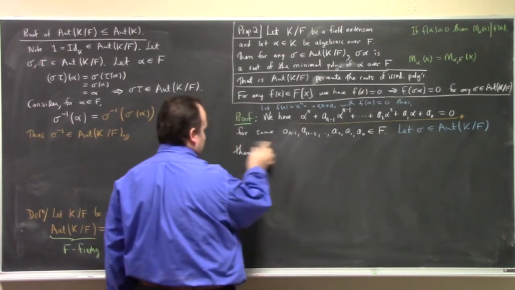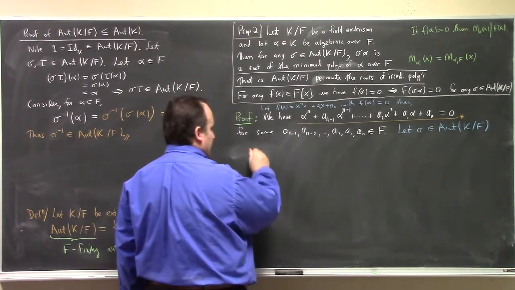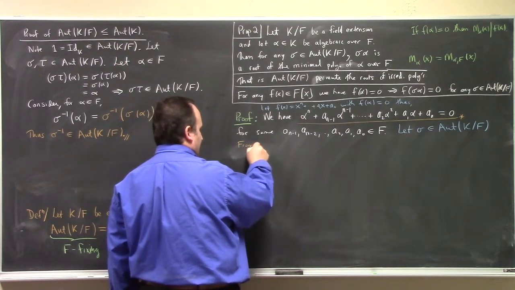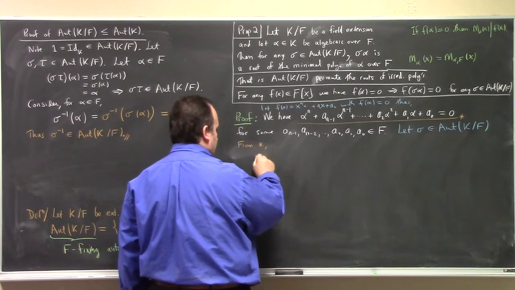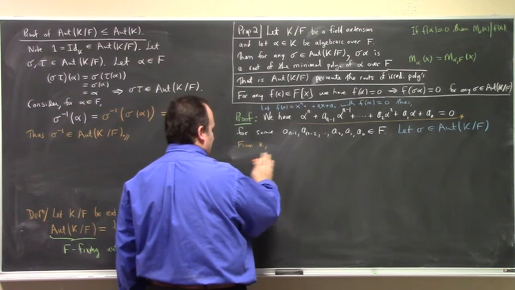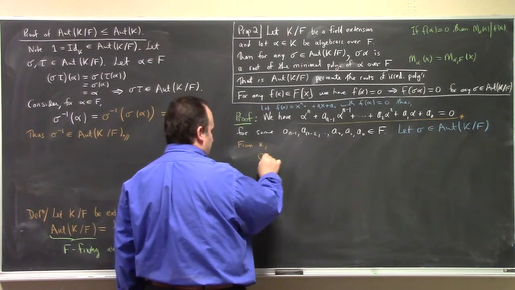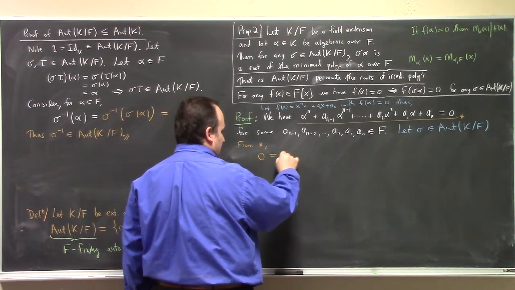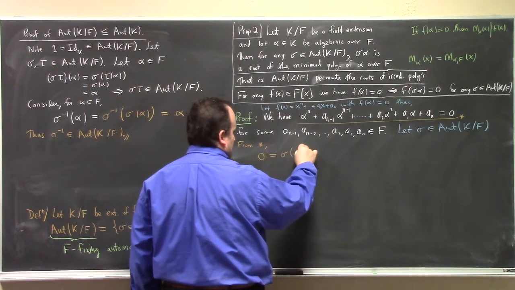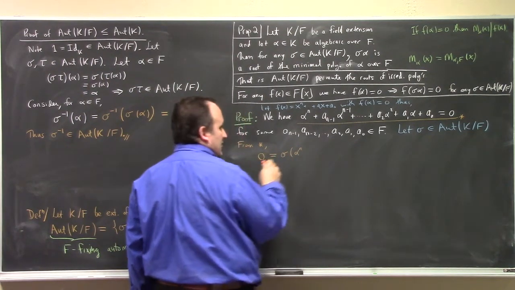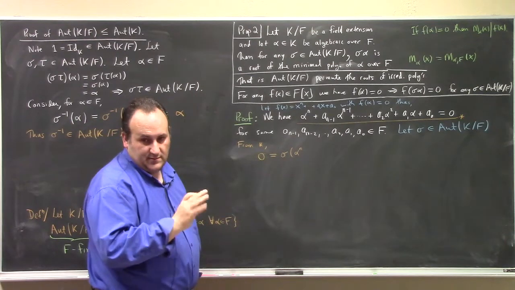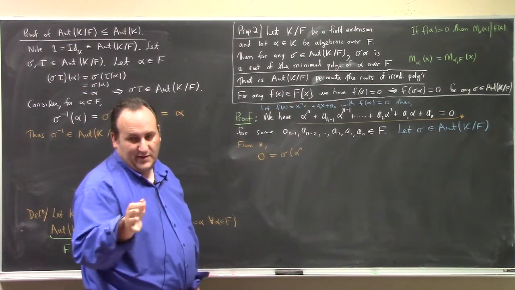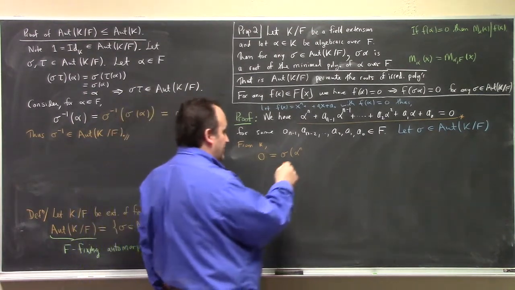From star, we get 0. I said 0, but I wrote sigma because I'm an idiot. 0 is equal to sigma of alpha to the n plus... and if you don't mind, I'll start, my opening move will be additivity of sigma, right?